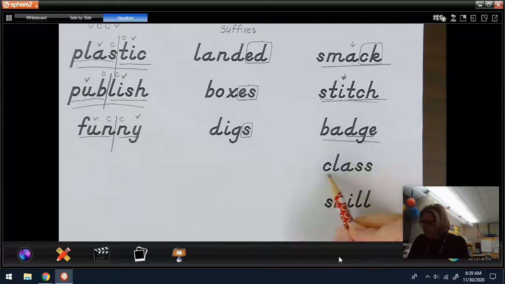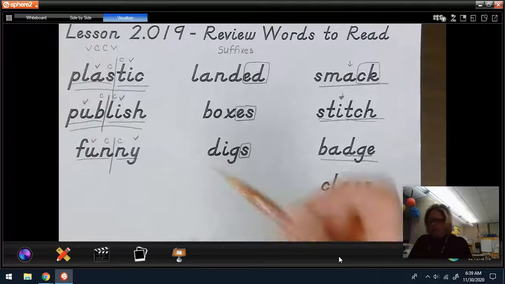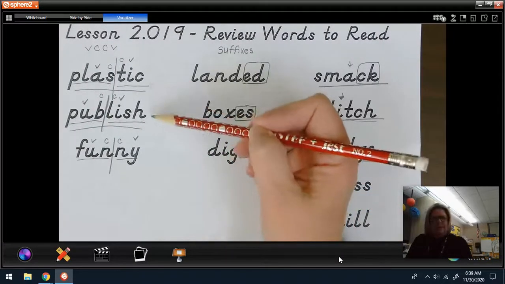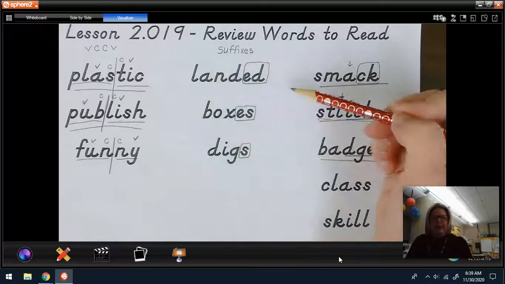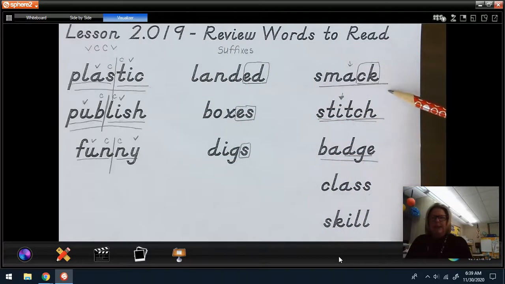So this word is class, and this word is skill. Okay, let's read one more time. Plastic, publish, funny, landed, boxes, digs, smack, stitch, badge, class, and skill. Okay, so we're going to move on.